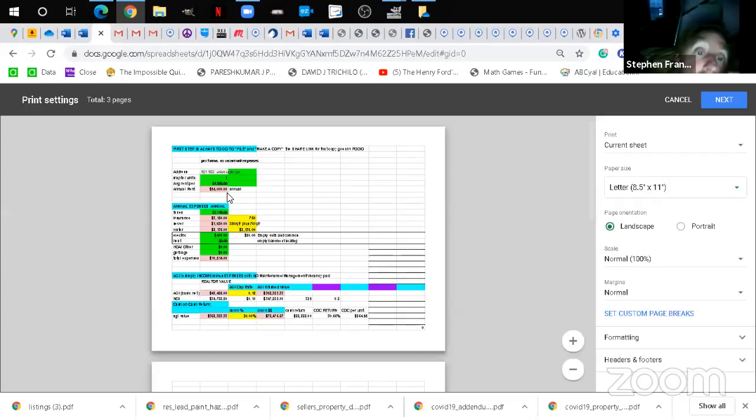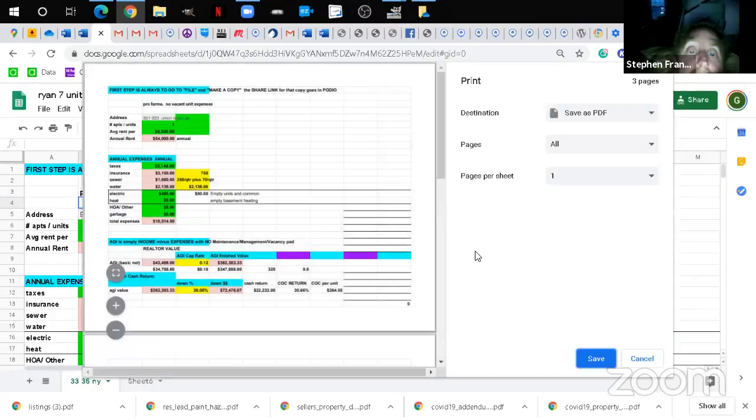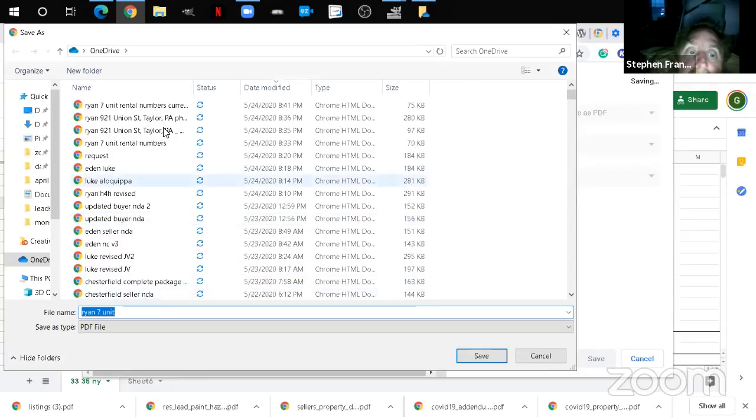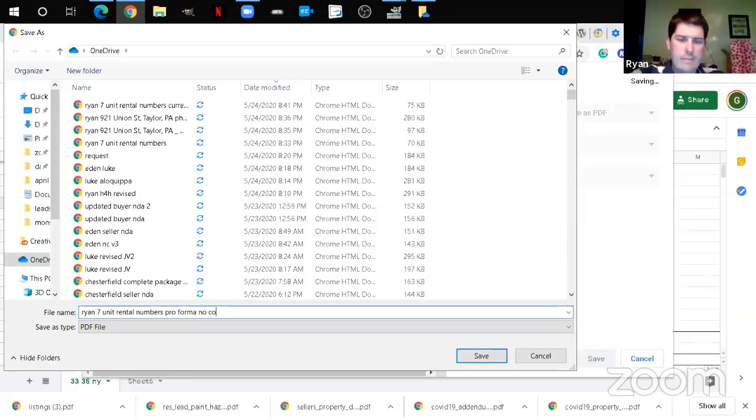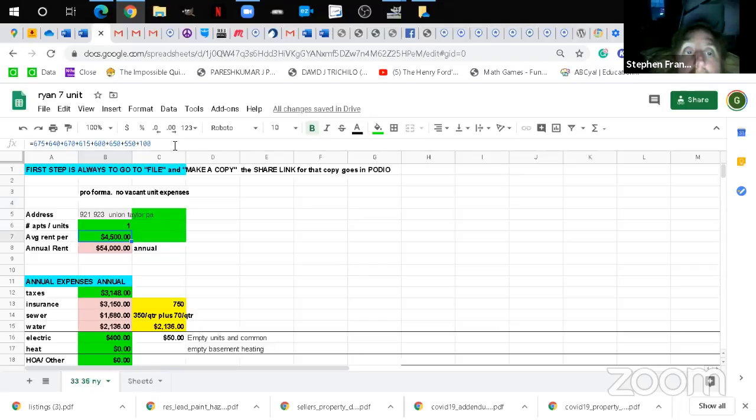This one actually gets 3 sheets, not 2, because it gets rental numbers. Now we say, okay, we're going to plug in $2,000 a month for the basement.